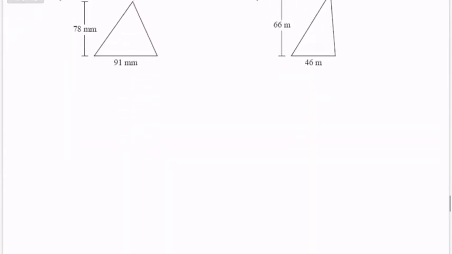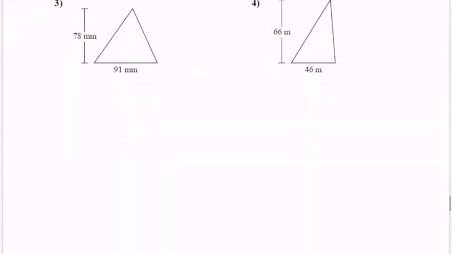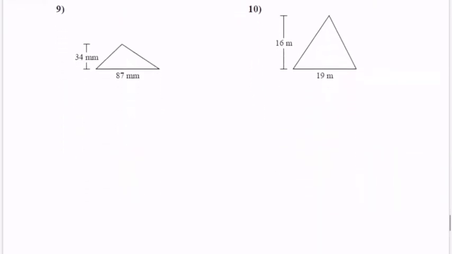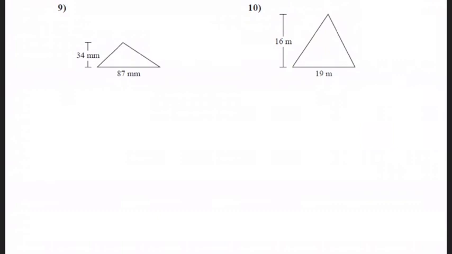All right. Let's skip number 3 and 4, and let's just do 9 and 10. Pause it and then hit play. Okay, so we have 1/2 base times height.